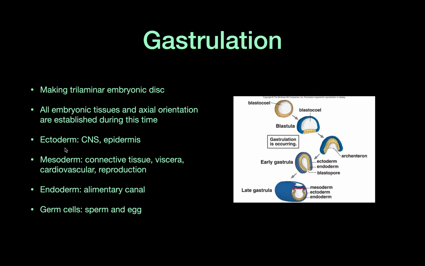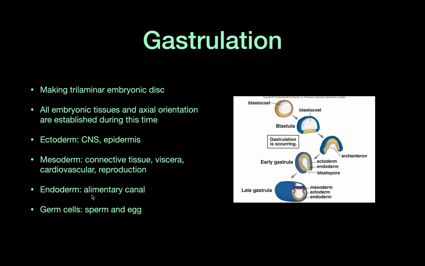The ectoderm, just as a brief overview, is the central nervous system and the epidermis, along with various other structures. But the mesoderm primarily makes up the connective tissue, the viscera, the cardiovascular system, and vessels, along with the reproductive organs.